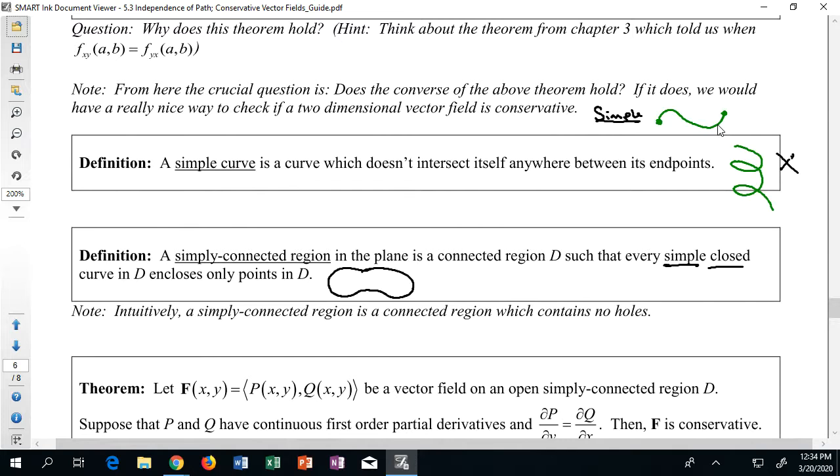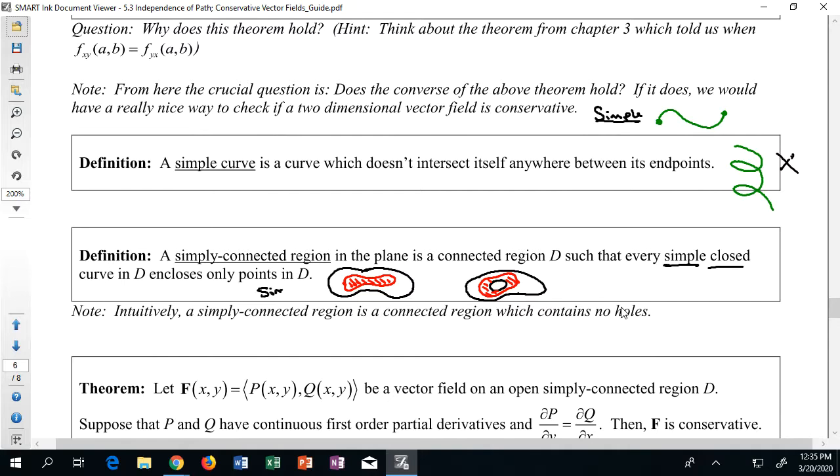Then if I draw a curve in there that's simple, doesn't intersect itself, and closed, the stuff on the inside of that is only things inside the original space to begin with. Notice if I have something like a donut shape with a hole in the middle, then I can't say that every time I draw a nice curve that doesn't cross over itself and starts and stops at the same point, every point on the inside is a part of D.